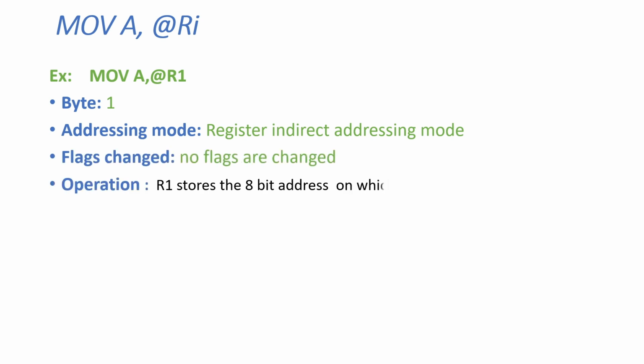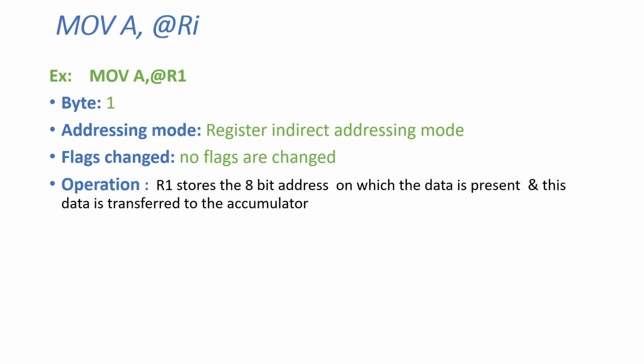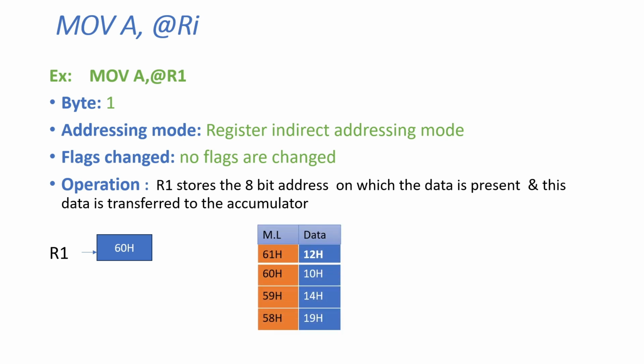Now the operation. R1 stores the 8-bit address at which the data is present and this data is transferred to the accumulator. See, if the content of R1 is 60H, then the microcontroller goes to the 60H memory location, finds out the contents and transfers these contents into the accumulator. After the execution of this instruction, the content of the accumulator becomes 10H.